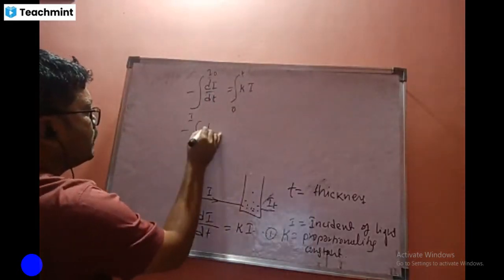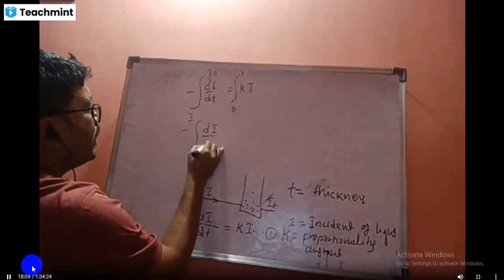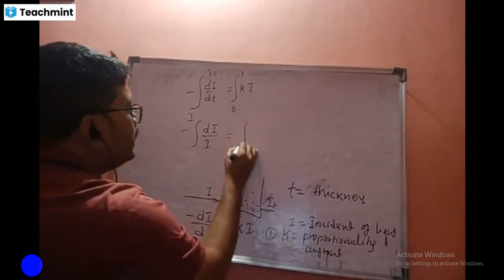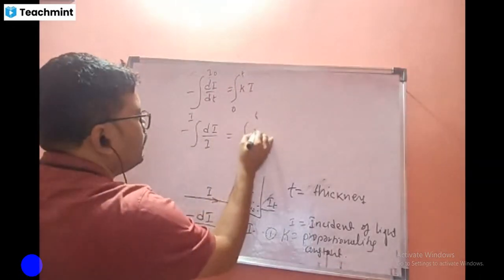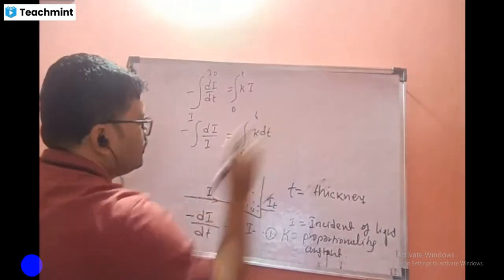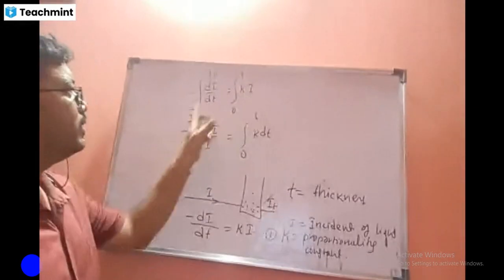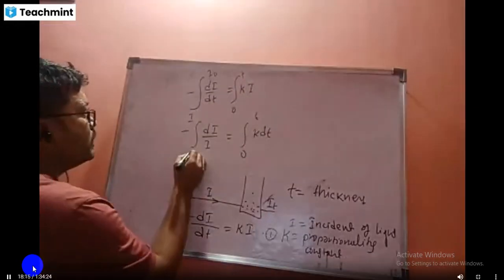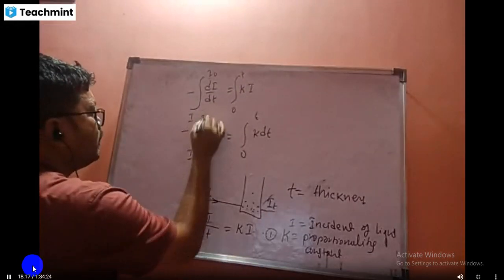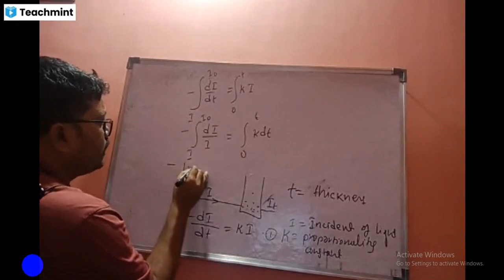Rearrange this: dI by I, 0 to t, into K dt. I have taken the I to the left side. So this is I to I0, minus log.